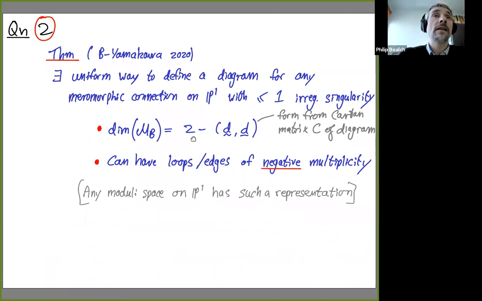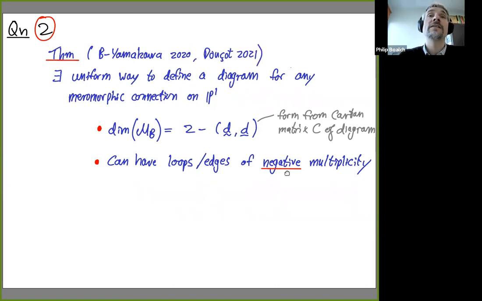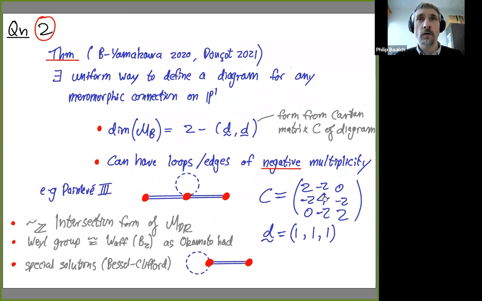And in all of the cases, the dimension, as in the quiver picture, is always 2 minus d squared, where this is the symmetrized Cartan matrix that comes from the diagram which occurs. And the point is that in general, you get these negative edges or loops as well. So you get things on the diagonal, which may have like a 4. If I look at this Painlevé III picture, the diagram which occurs is like this.